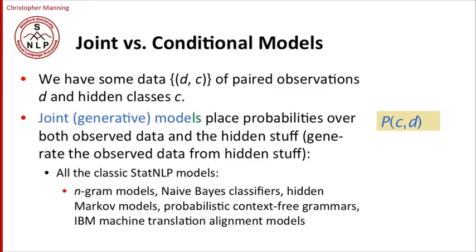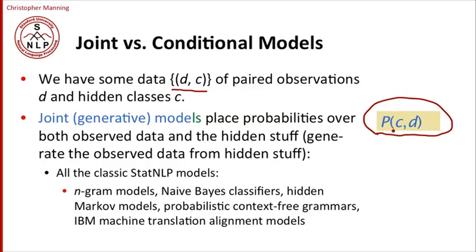So let me now contrast joint versus discriminative models. In both cases, we're going to assume that we have some data DC of paired observations of the data D and the hidden classes C. And so the defining characteristic of joint models is that they place probabilities over both the observed data and the hidden stuff. So we have the probability of C and D. And commonly the way that that's done is as a generative model.